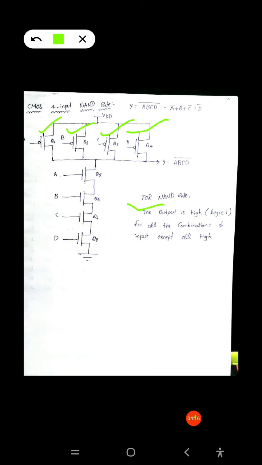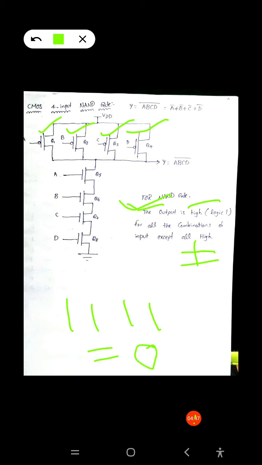Among those 16 possible conditions, the output is high for all logic combinations except when all the inputs are high. If all the inputs are high, that is 1 1 1 1, the output is equal to 0.